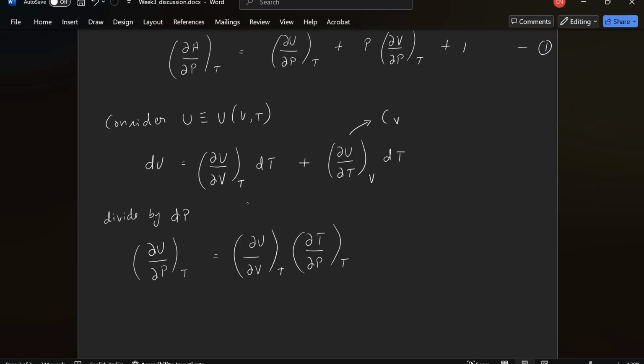So this is Cv. At constant temperature, this term is going to be 0.